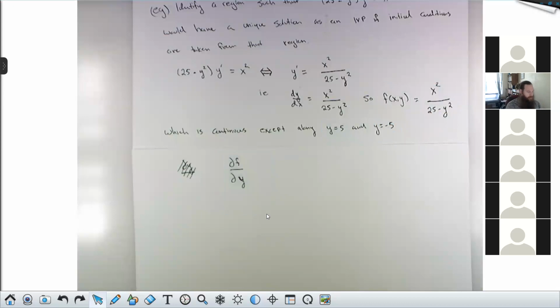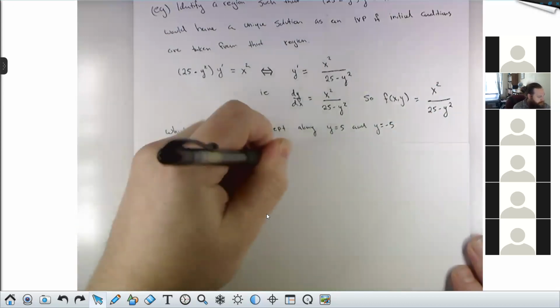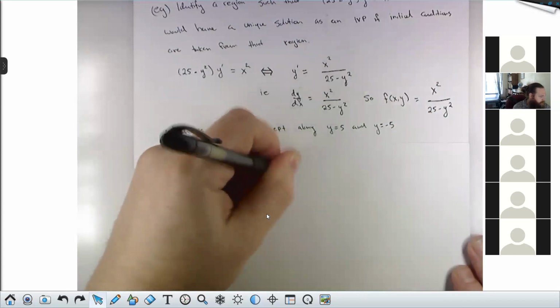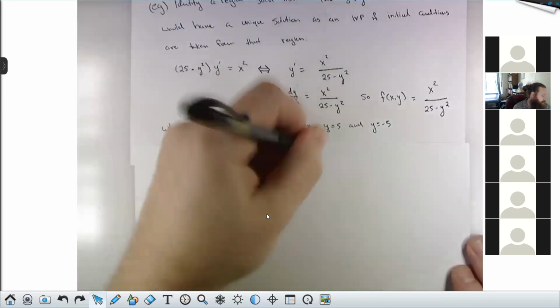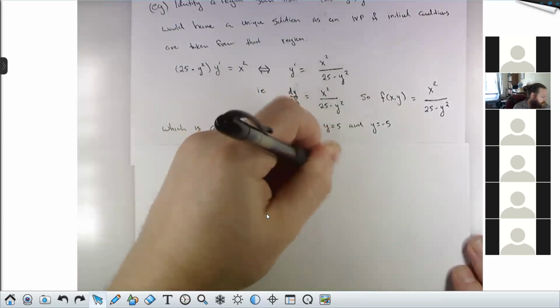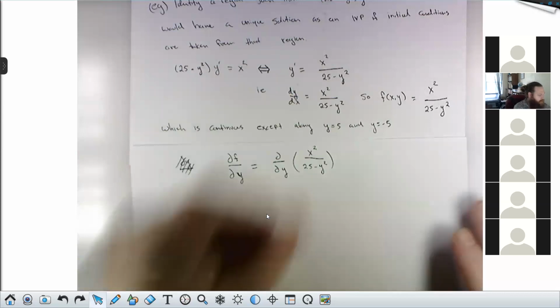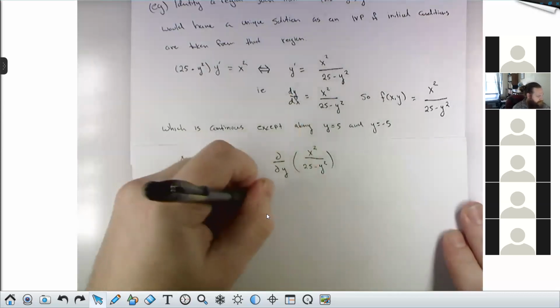So if I'm going to calculate the partial derivative df dy, I need to apply the differential operator d dy to my function. And the idea here is that the x's are treated as constant. So the x squared is actually going to pop out.